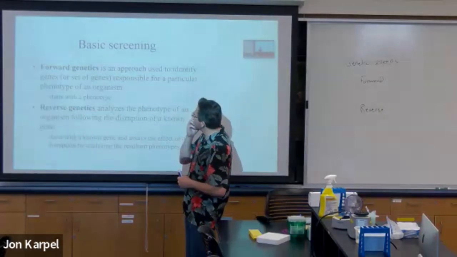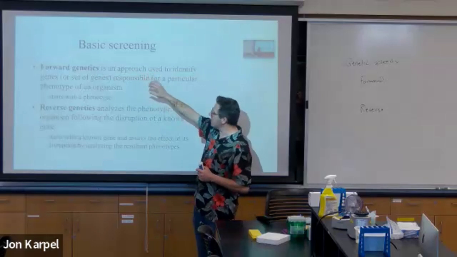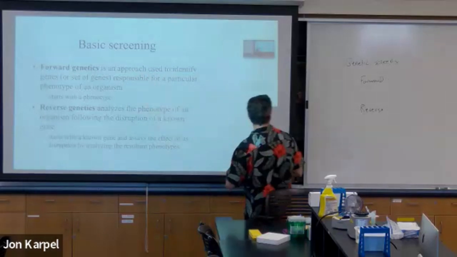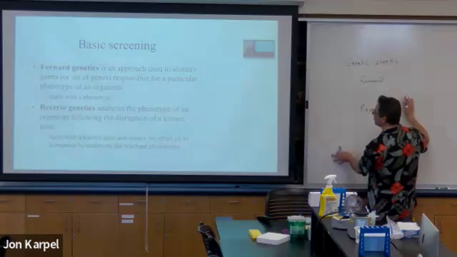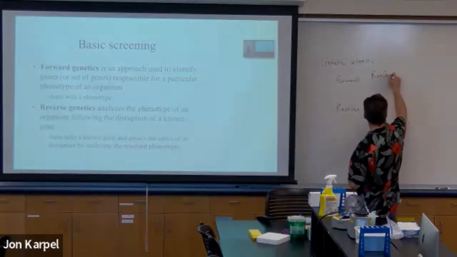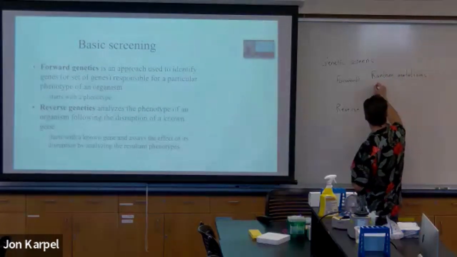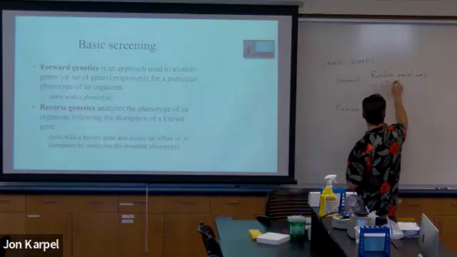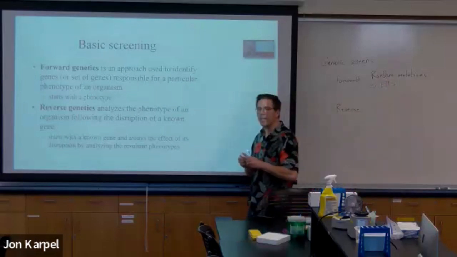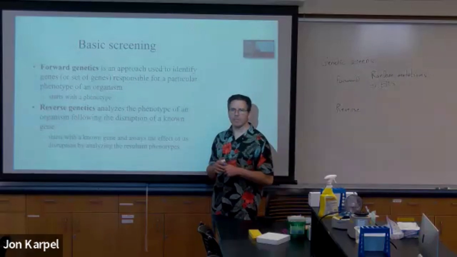The basic screening idea: a lot of the old timers, if you will, started with forward genetics, where you would just do random mutations using typically mutagens like EMS, ethyl methane sulfonate, or UV radiation or X-rays or something like that.